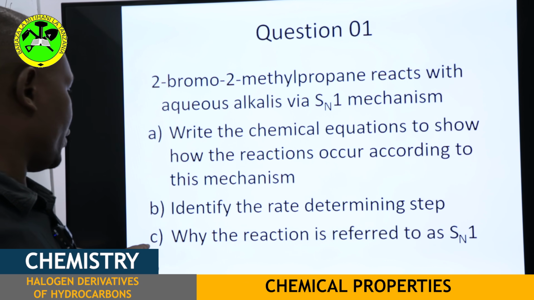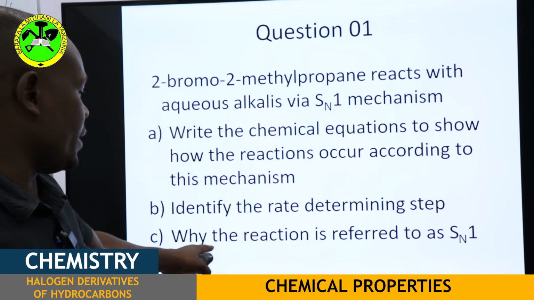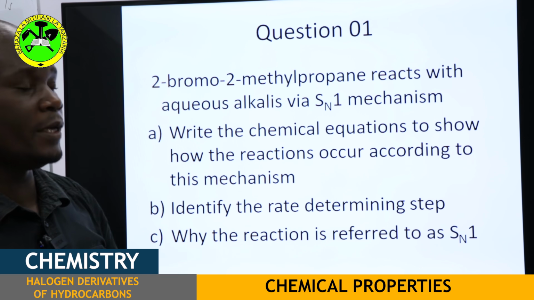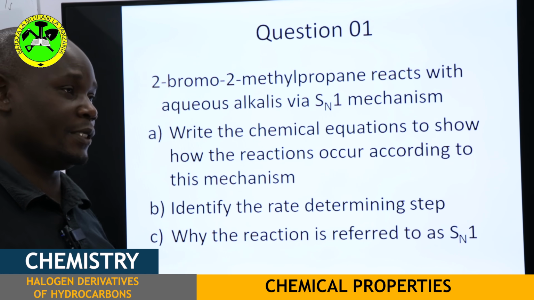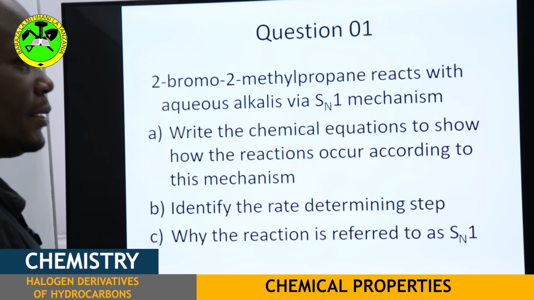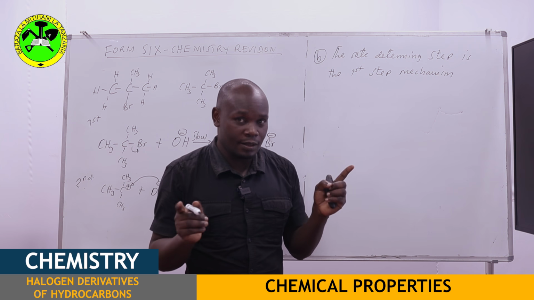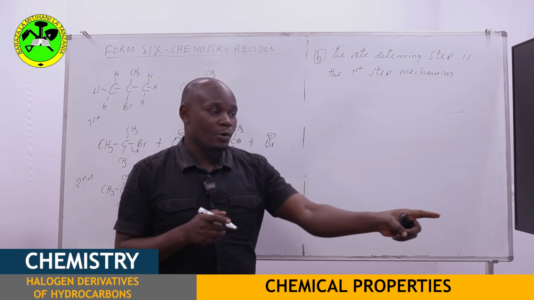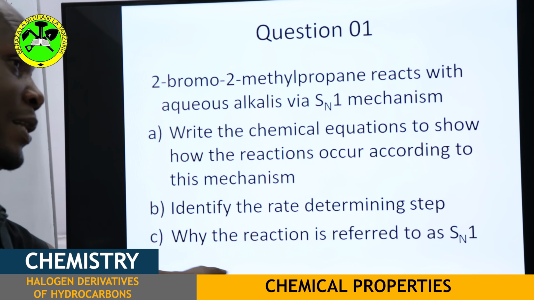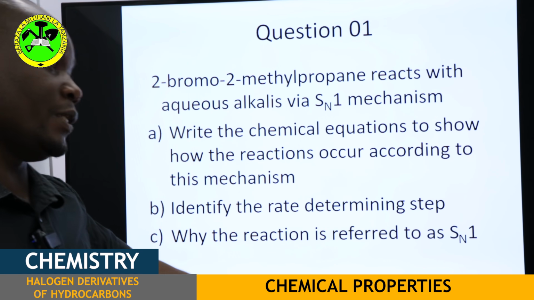In the third part, you have been asked to explain why the reaction is referred to as a first order nucleophilic substitution reaction. I'm sure you can answer it because we explained it when we were talking about first order nucleophilic substitution.